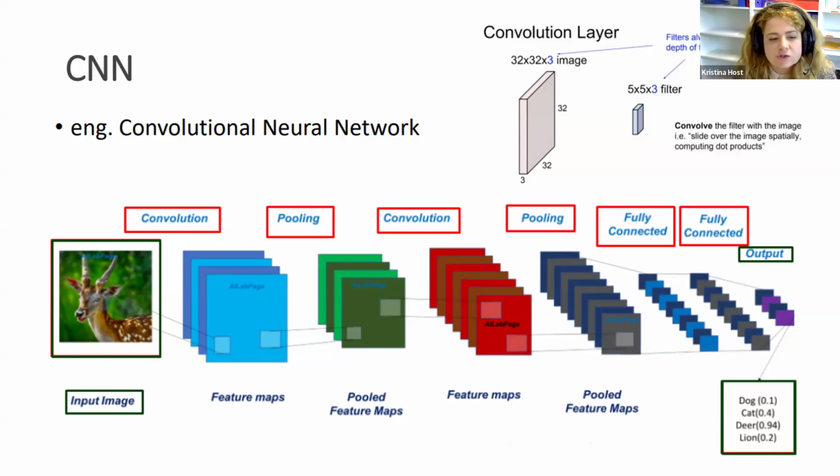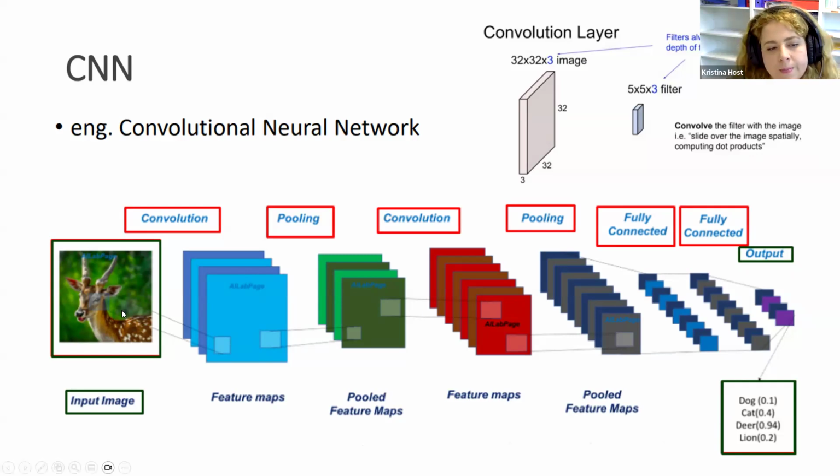What do they look like? We have an input layer, which is the input images that we give to our model to train. At the end we have an output layer that has the probability of each possible class.